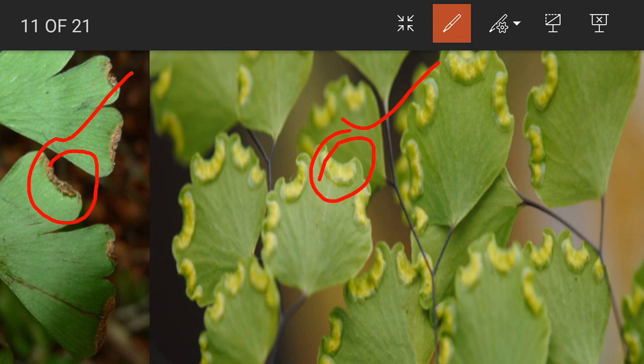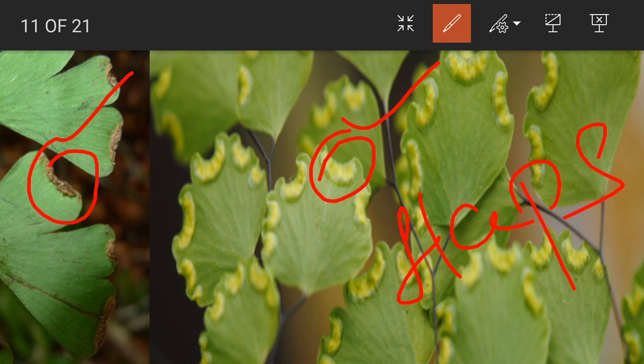And one more thing about this sorus is that the sori which are present at the end of the leaf margin are covered by the margins of the leaf, which we are going to call what? Flaps. F-L-A-P-S. Reflexed marginal flaps of the leaf.